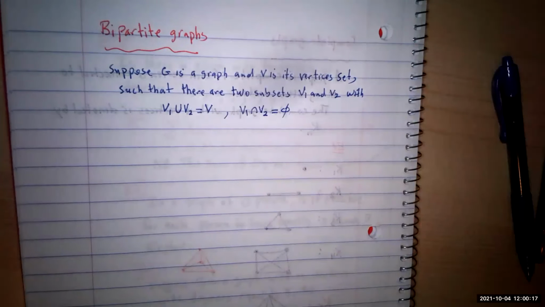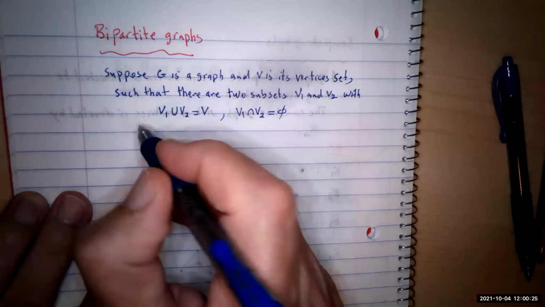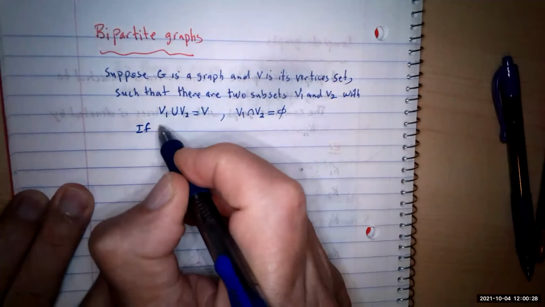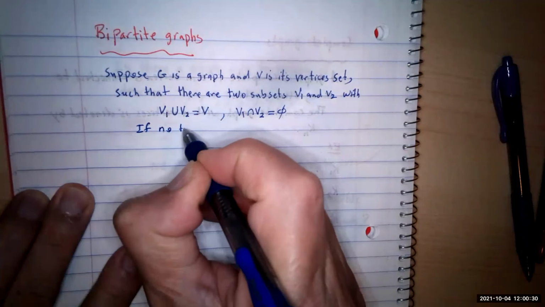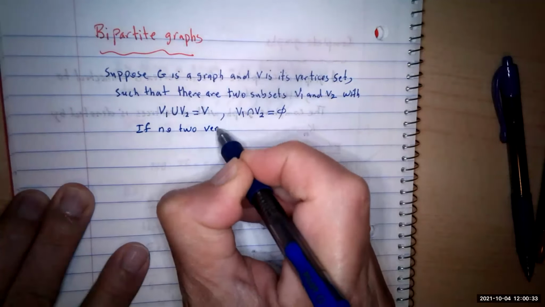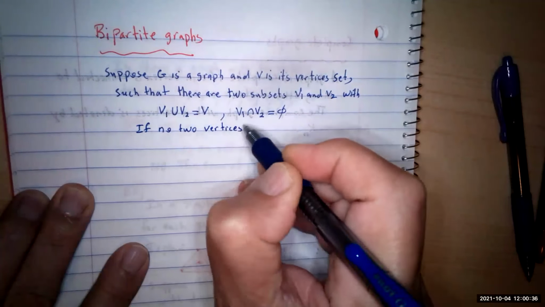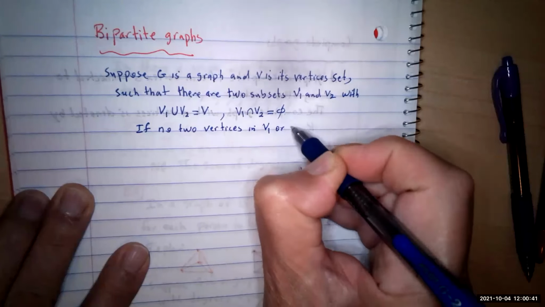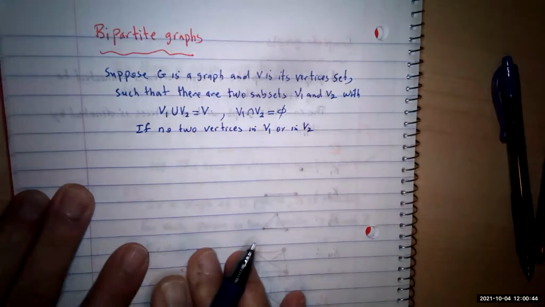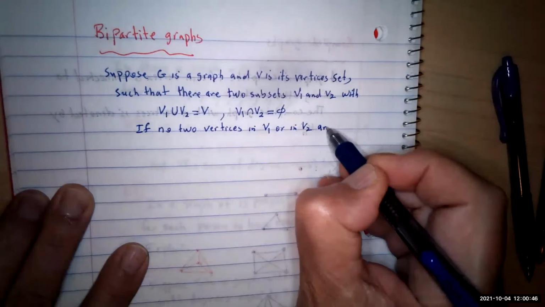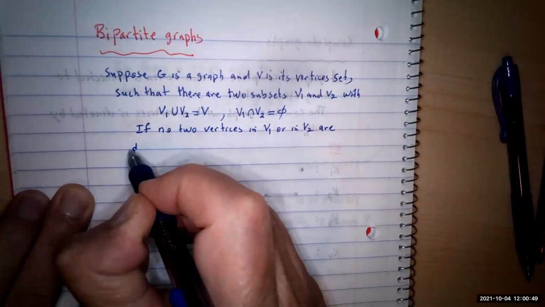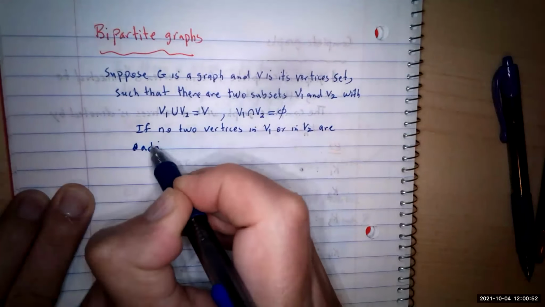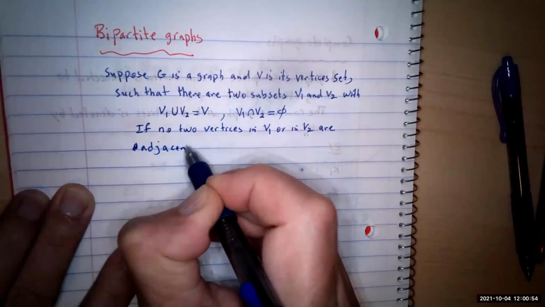So we get the vertices, we divide them in two parts. Okay, so we have two subsets, if you like. And this is going to be the case if no two vertices in V1 or in V2 are going to be adjacent neighbors, adjacent, connected to each other.